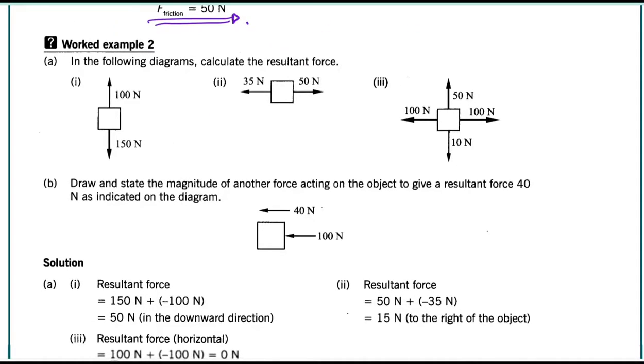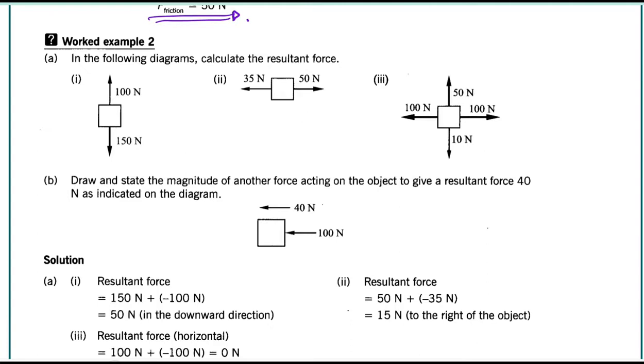In the following diagrams, calculate the resultant force. So for the first resultant force, sorry, it's not going in that direction, it's going this direction, and the difference between 150 and 100 is what? 50.